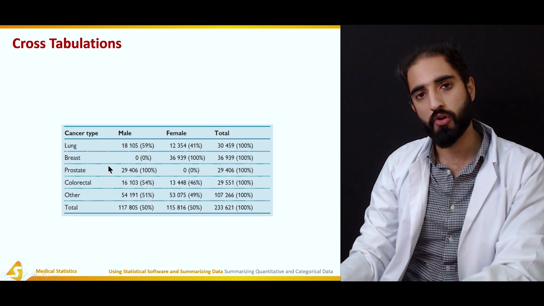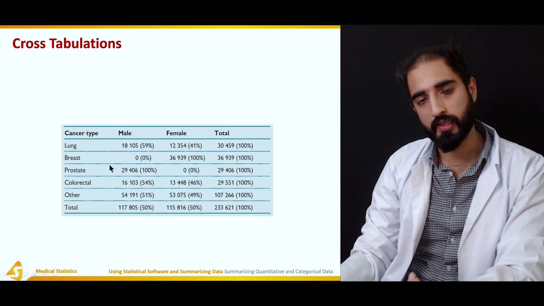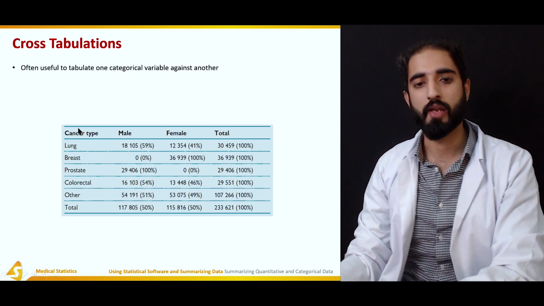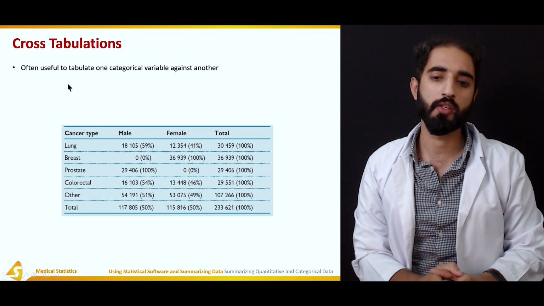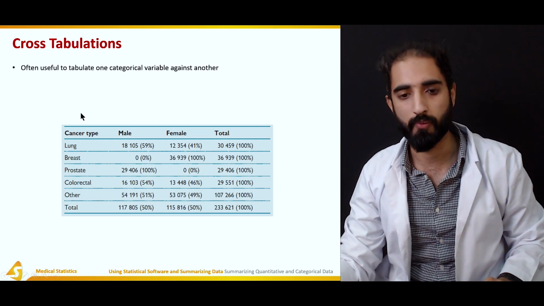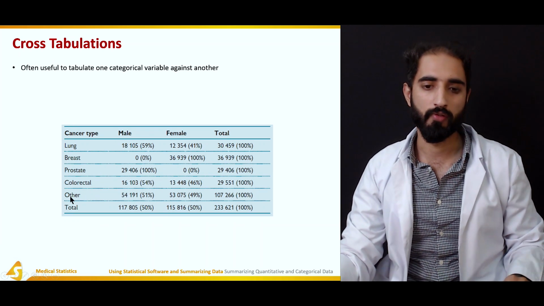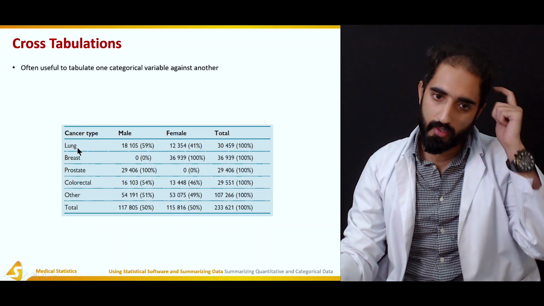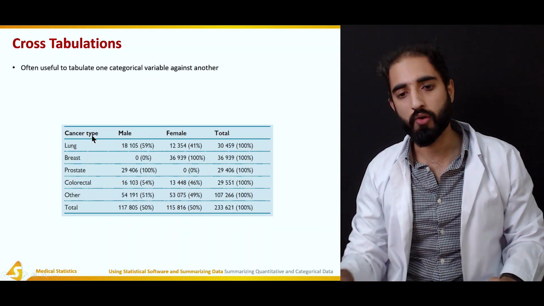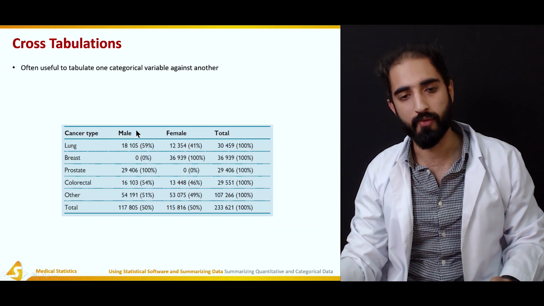Now, cross tabulations. Cross tabulation is another way to present categorical data and is often useful to tabulate one categorical variable against another. For example, here we have cancer type, which is one categorical variable, and I have tabulated it with another categorical variable, which is gender, male and female.